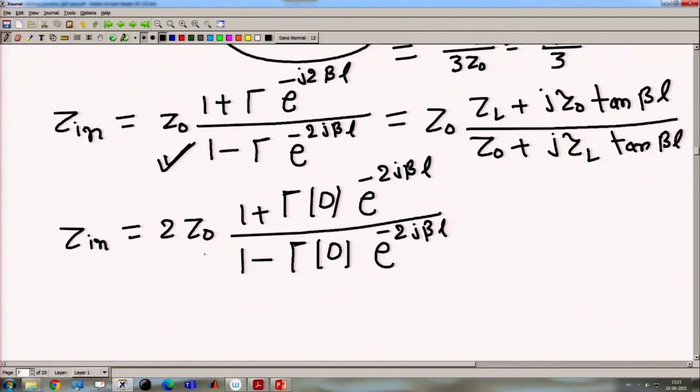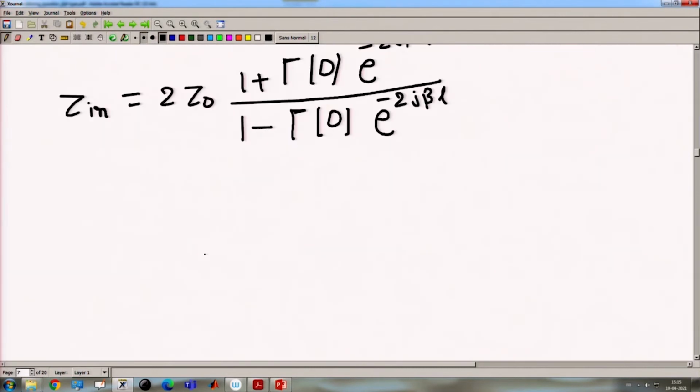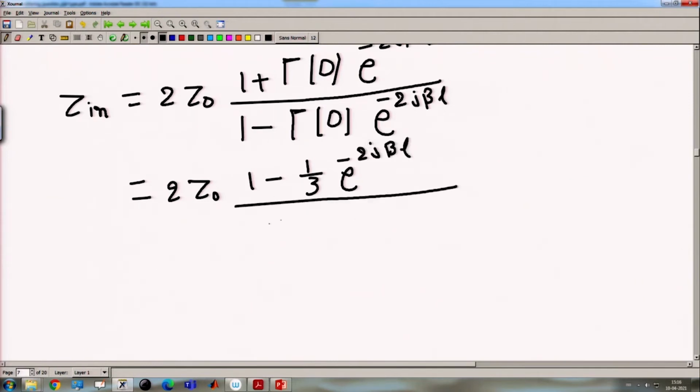We substitute gamma 0 equal to minus 1 by 3. After substituting we get 2 Z naught times 1 minus 1 by 3 e to the power minus 2 j beta L divided by 1 plus 1 by 3 e to the power minus 2 j beta L.